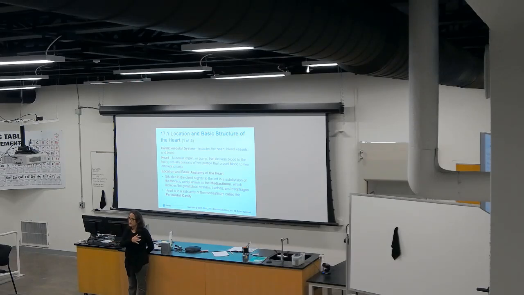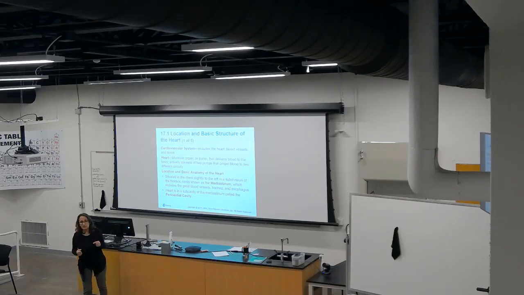And on the left side it is oxygenated or rich in oxygen. Generally speaking, the blood that is oxygenated is bright red. And if it's deoxygenated, it's dull red, like brick color.